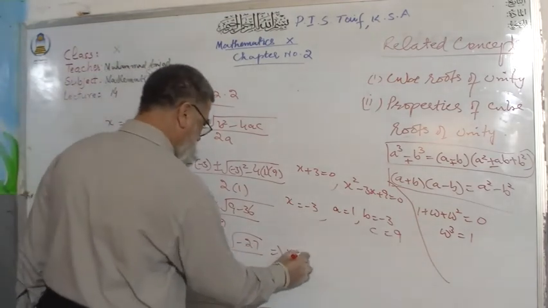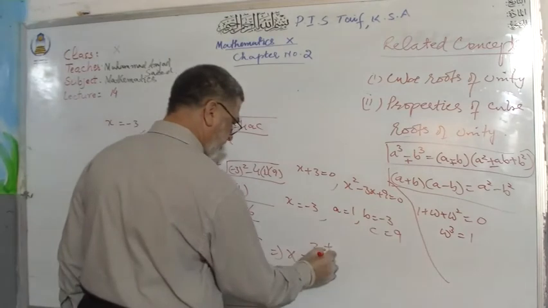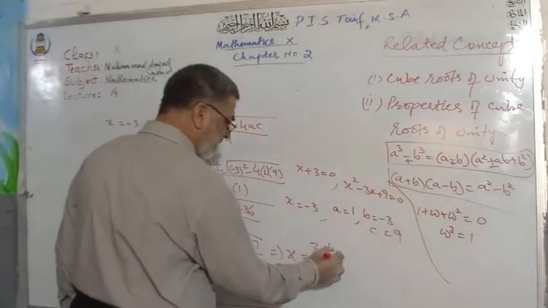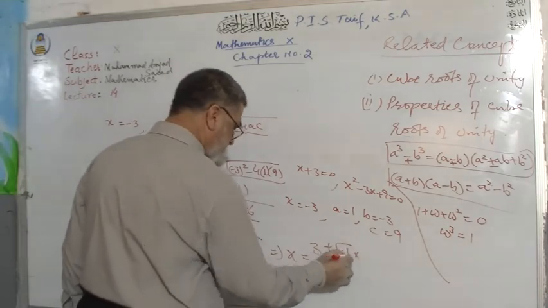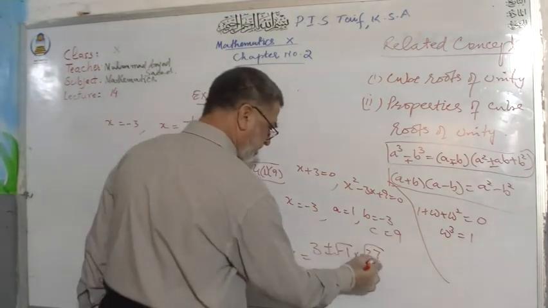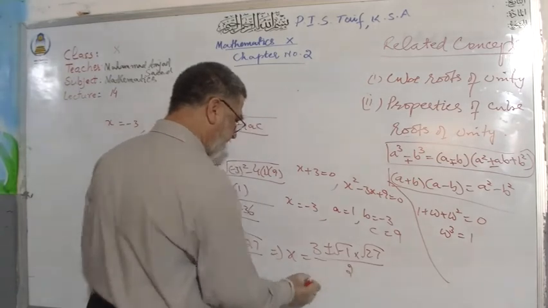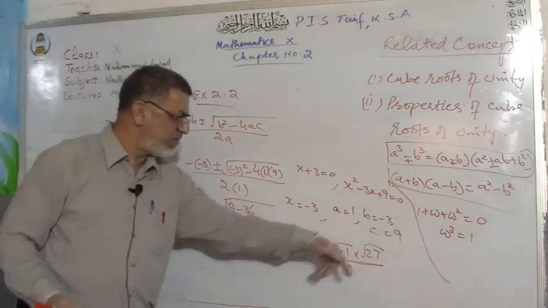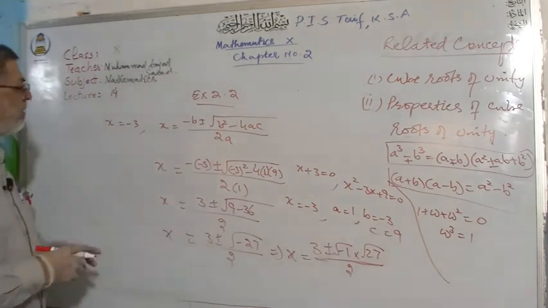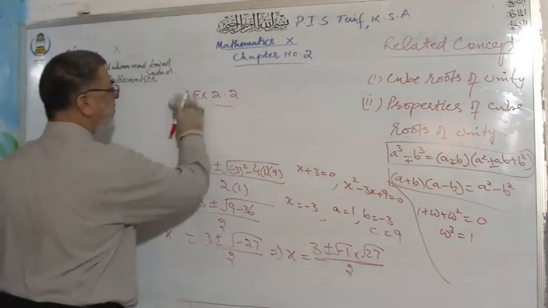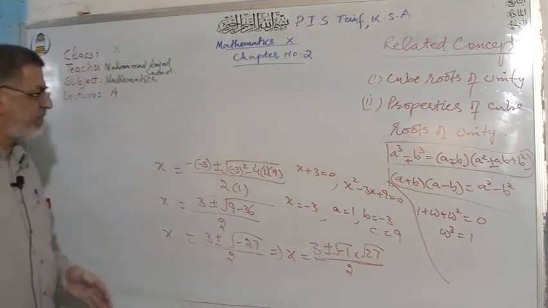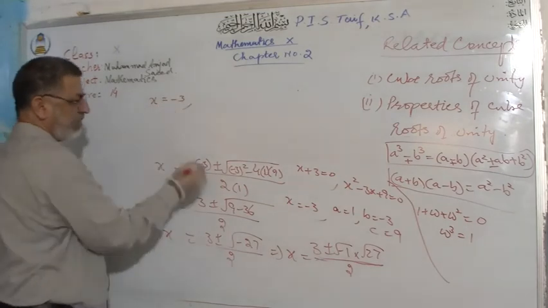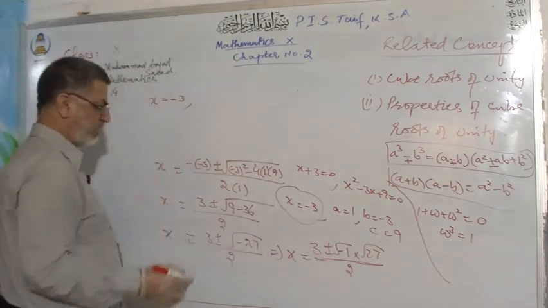This implies that x is equal to 3 plus minus, and remember the under root of minus 27 will be separated out as under root of minus 1 and 27. Here we will have x is equal to minus 3. That was the first root.